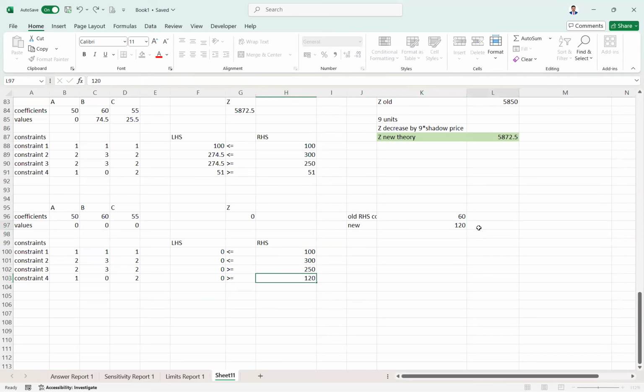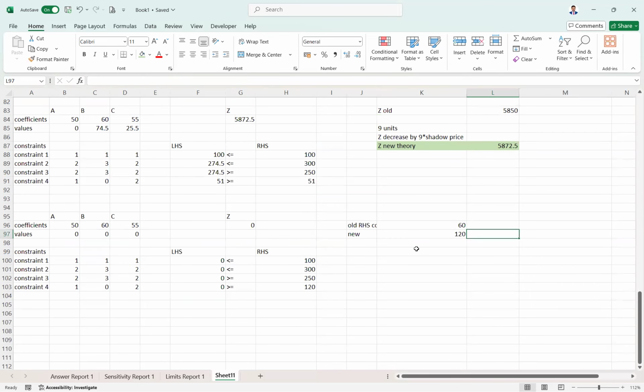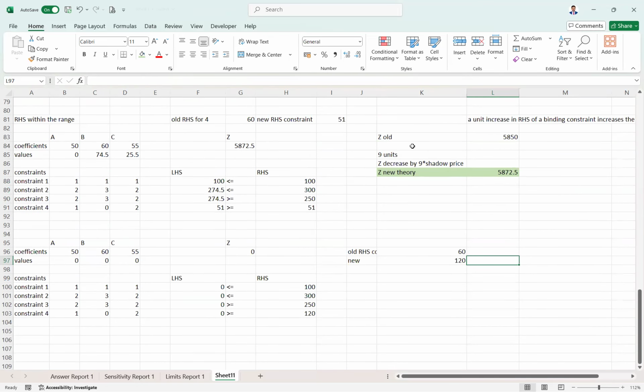As per the theory, what should happen? The optimal values have changed, and this Z value is what we are speaking about, increasing or decreasing. If it is out of the range, there is no specific rule to follow, which means we cannot say what happens.